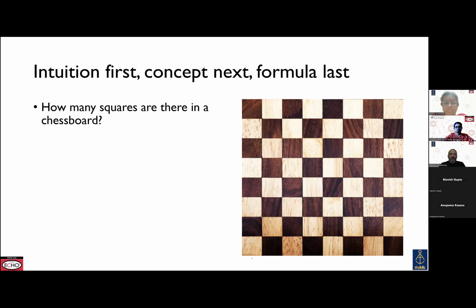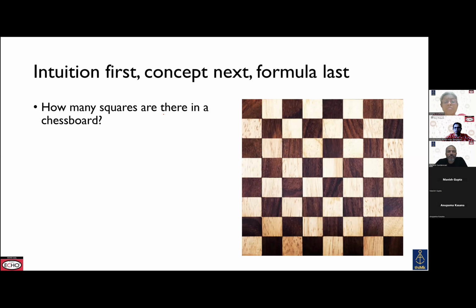Now, in intuition first, let's take one example. How many squares are there in a chessboard? Can you just type it out in your chat? 64. Now we ask the children how many squares are there in a chessboard, and they will say 64, exactly the same way as Anupama.